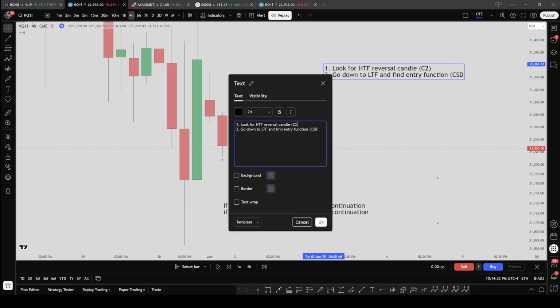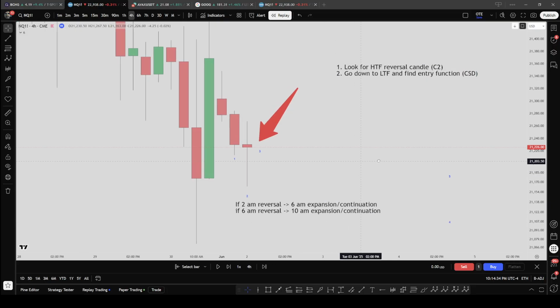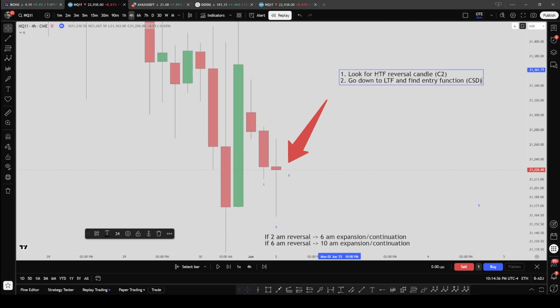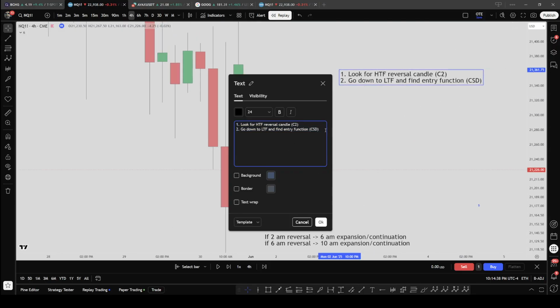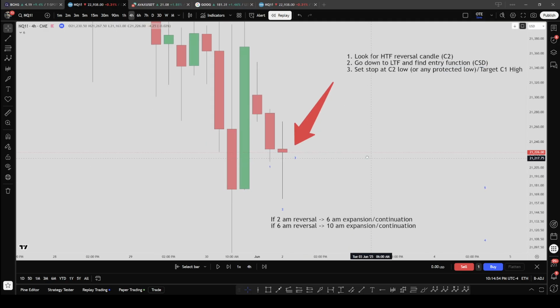I'm going to say that's the CSD. All right, so that's step 2. Step 3, set stop at C2 low or any protected low. Step 4, target C1 high. Okay, that's literally it, right?